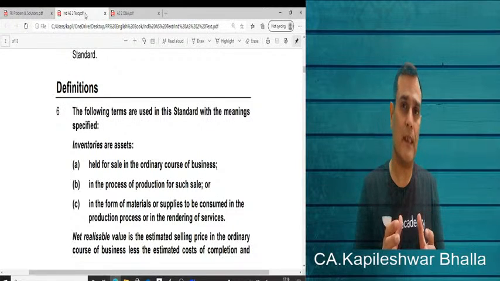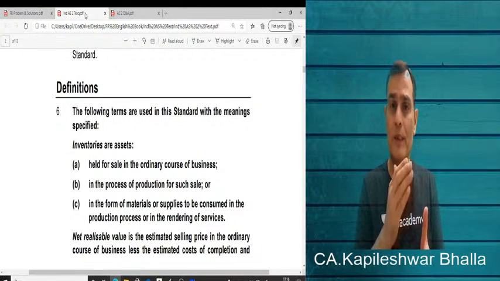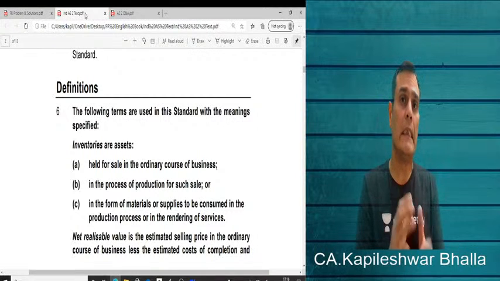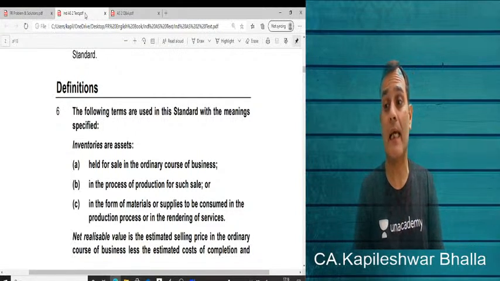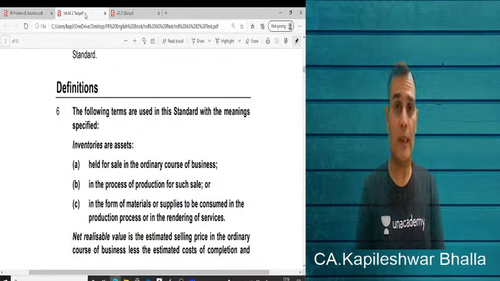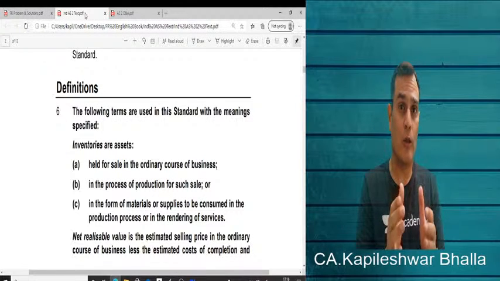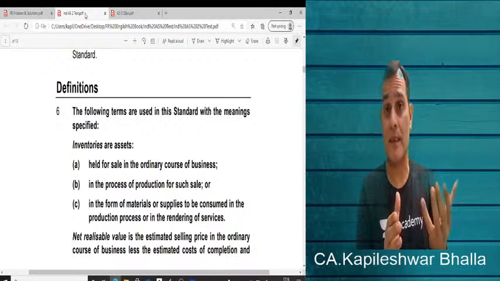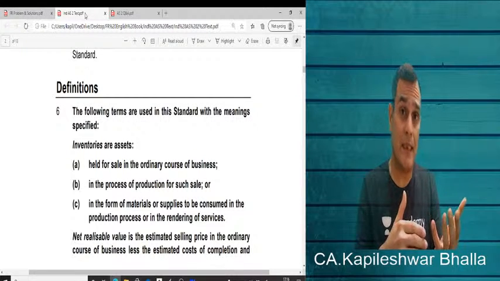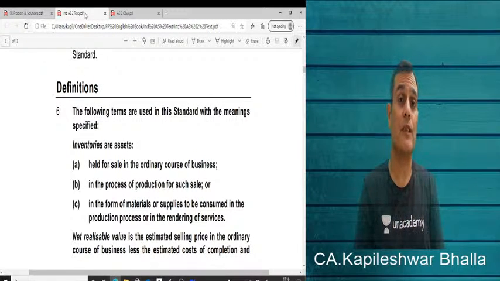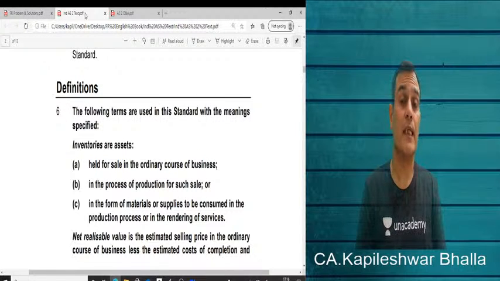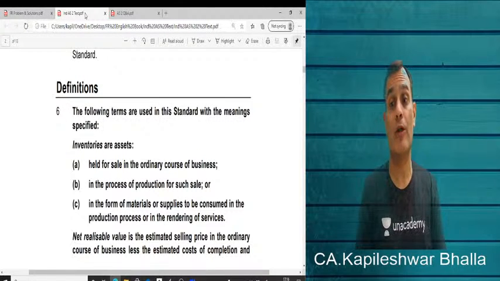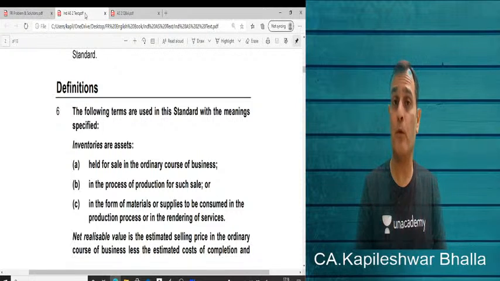But I would also say, and you would agree, that ordinary course of business would mean the main activities and also any incidental activities. So the main business is selling beer, and incidental to the main activities is selling those empty bottles as well. So one would definitely say that yes, it is held for sale in the ordinary course of business, which proves that yes, it is an inventory.